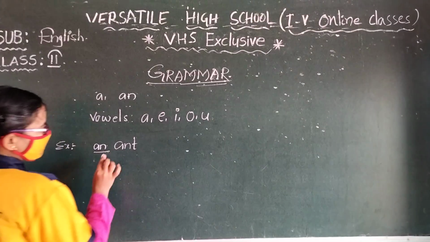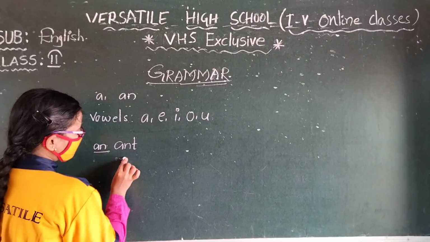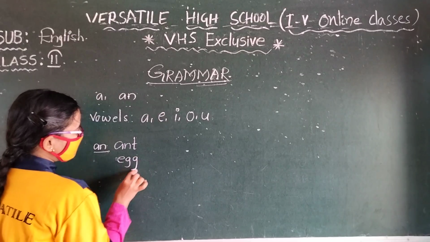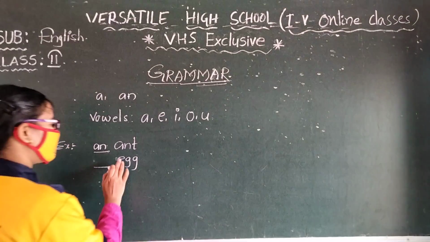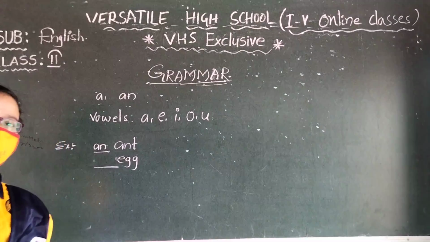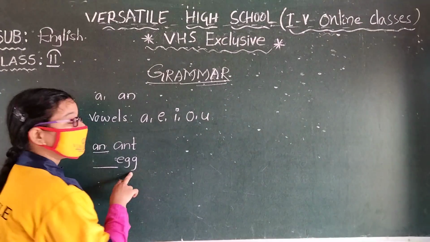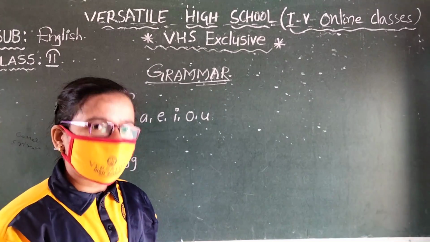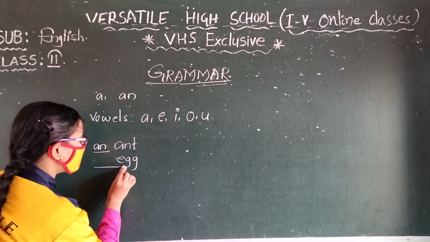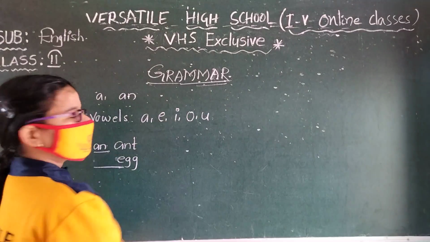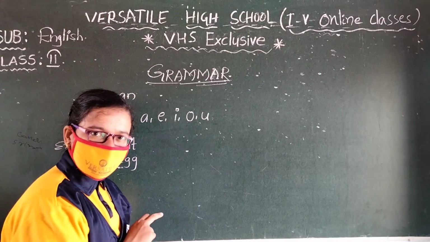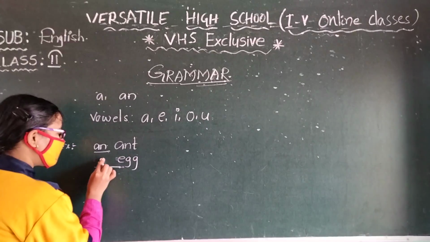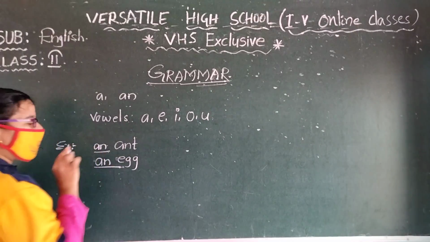E-G-G, egg. We use which article here? This word starts with a vowel, E, but we are using an here.